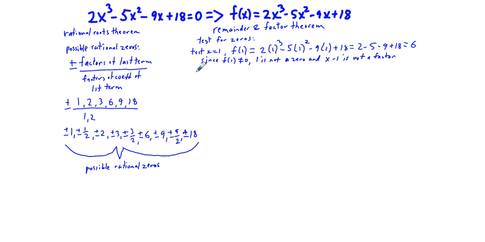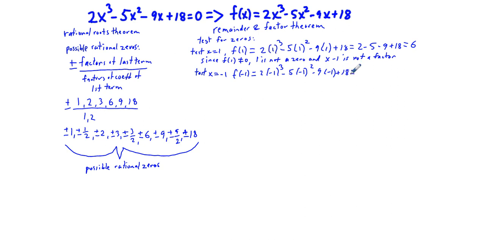Now we're going to test x equals negative 1. So f of negative 1, same sort of process: 2 times negative 1 cubed minus 5 times negative 1 squared minus 9 times negative 1 plus 18.